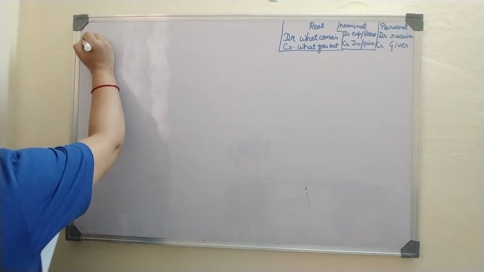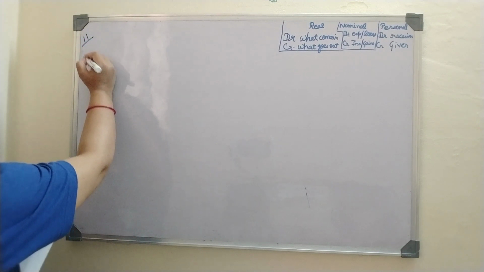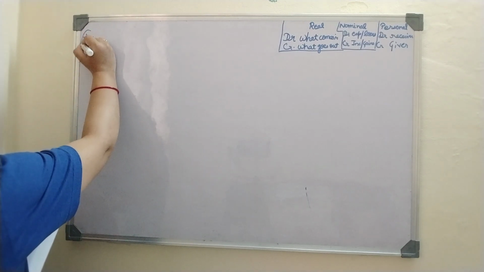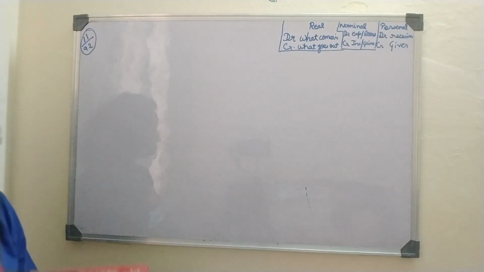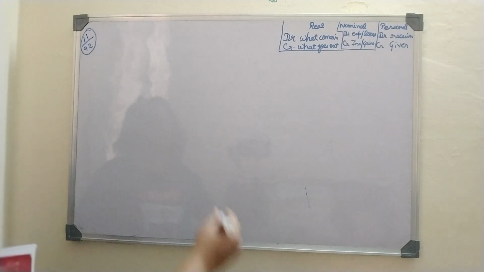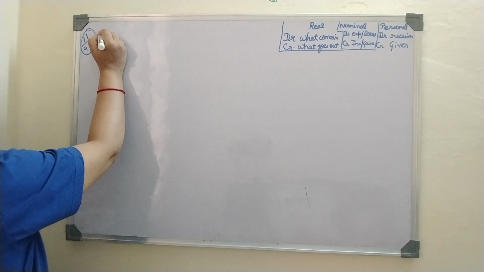Now please see the unsolved question number 11 on page number 92. The first thing which we have to remember is we have to make the correct format of journal entry.